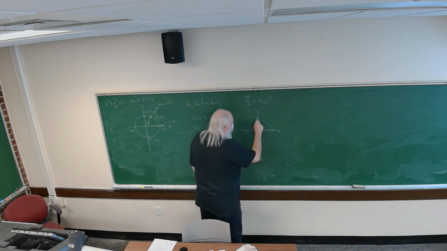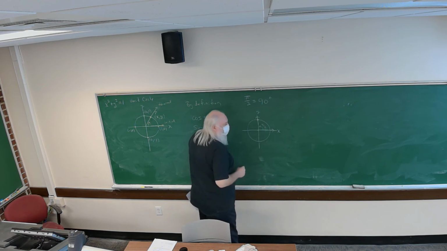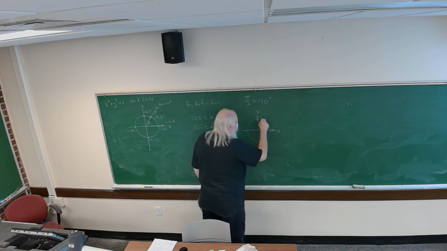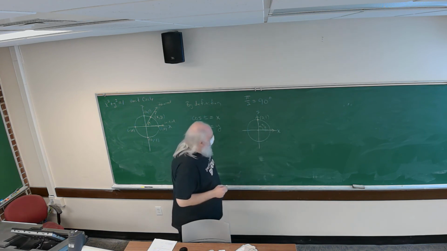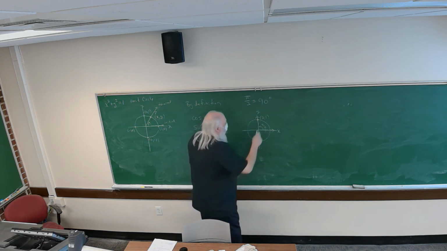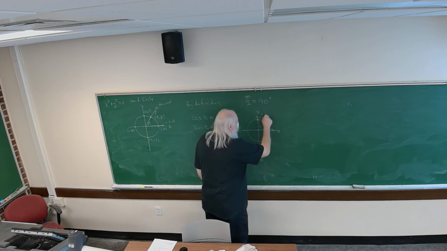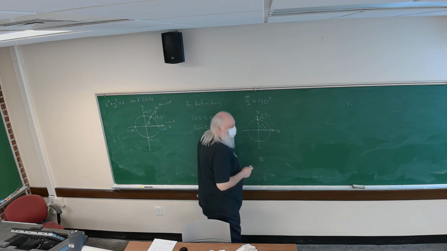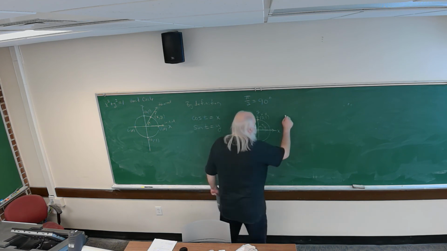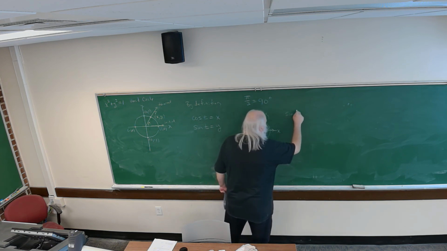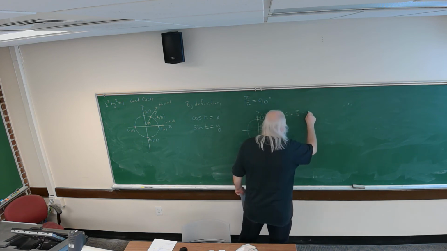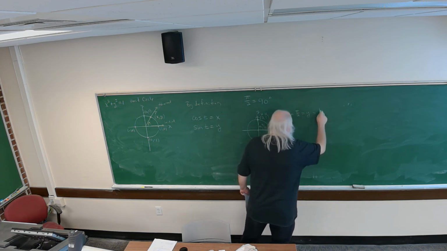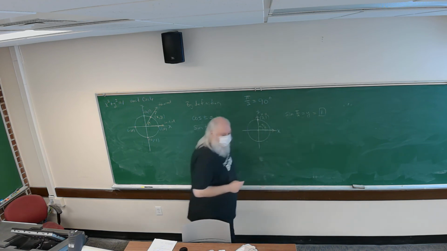And the terminal side crosses the circle at the point 0, 1. 0 is the x coordinate, 1 is the y coordinate. So the sine of pi over 2 is equal to the y coordinate, which is equal to 1. Okay.